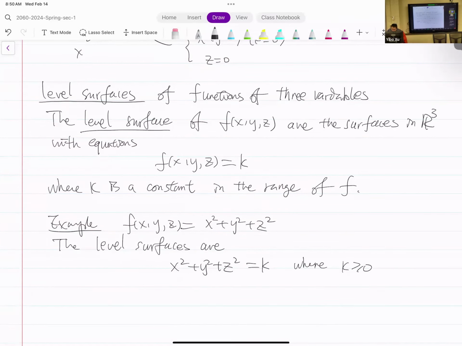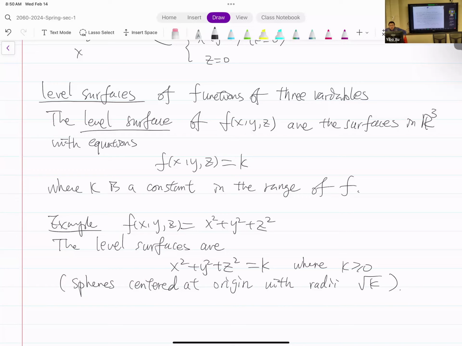But once you have that, you see, this is actually a sphere, right? This is a sphere with the center at the origin and the radius square root of k, right? So these surfaces are centered at the origin with radii square root of k.